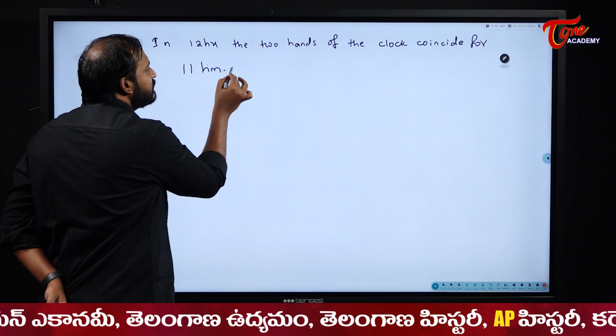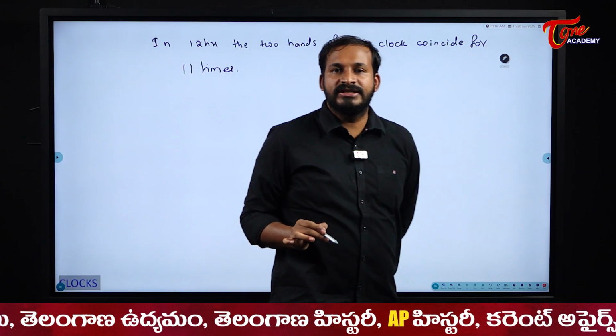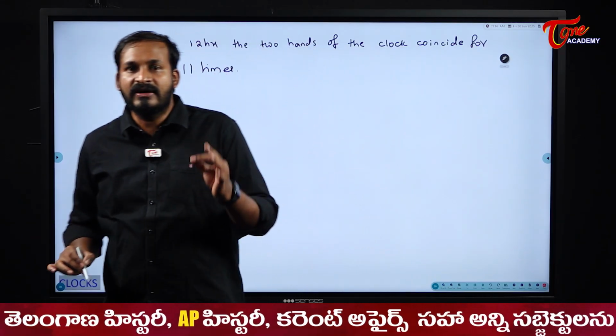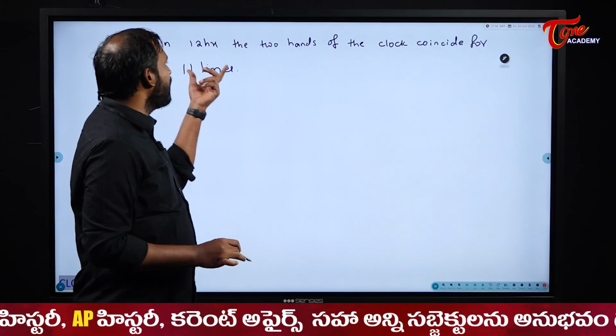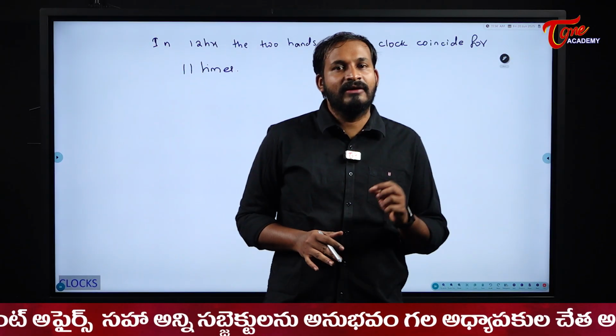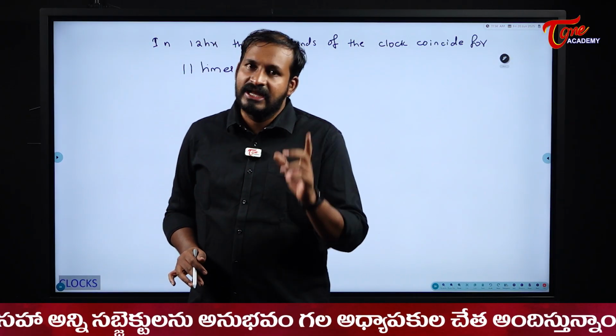Why? Because we have a common coinciding point between 11 o'clock and 1 o'clock, that is exactly at 12 o'clock. Because of that reason, we have only 11 coinciding points in 12 hours. In 12 hours, the two hands will coincide just 11 times.